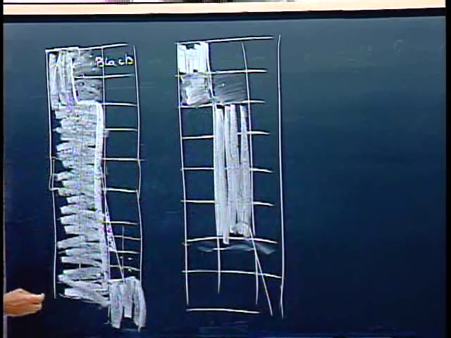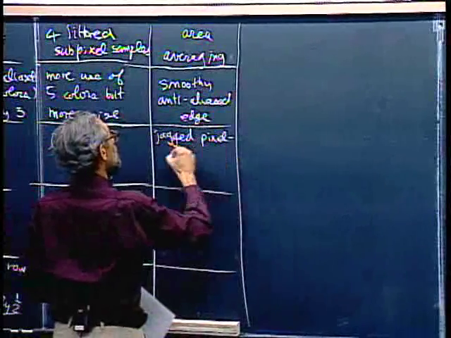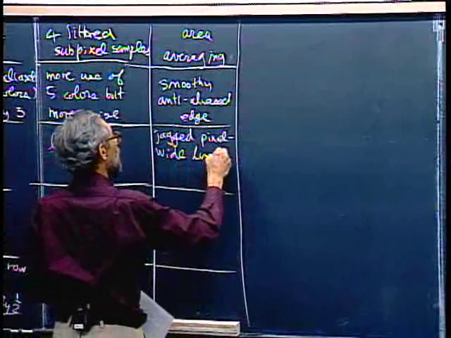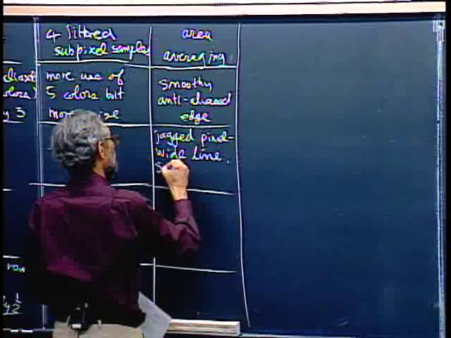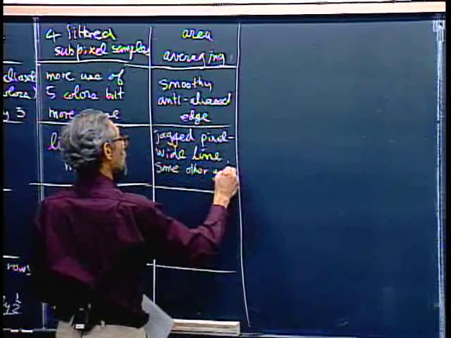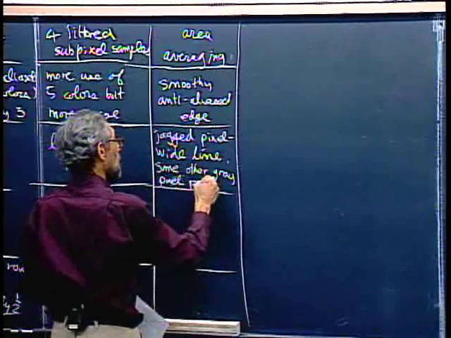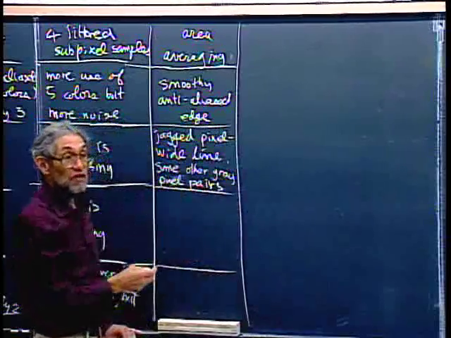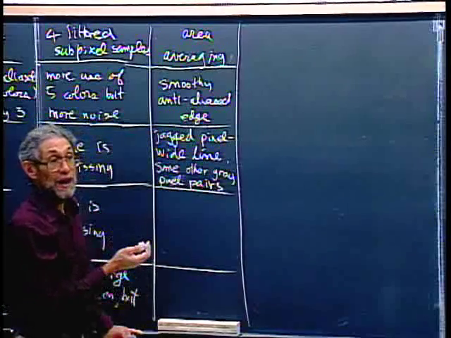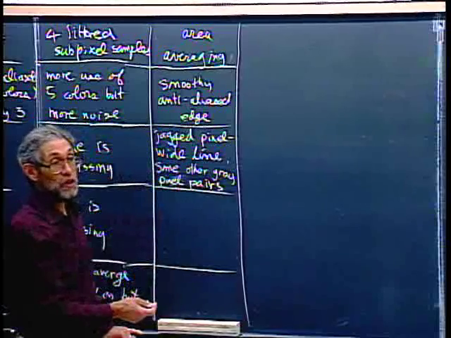But sometimes there'll be partially gray, so I'll say jagged pixel-wide line, some other gray pixel pairs, why don't I call them, in a row. But mostly, it's going to look jagged, right? So even though our perfect area averaging, even if you did that on this infinitely thin line, it would still look jagged.